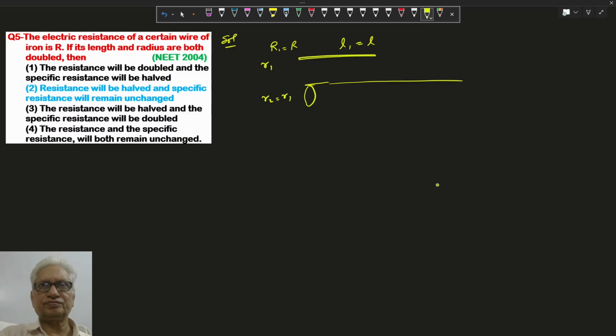The radius is double and the length is double, then the resistance of this wire will be.